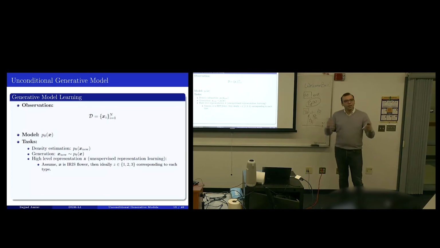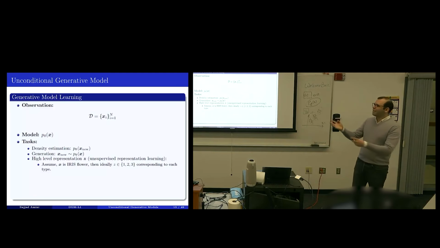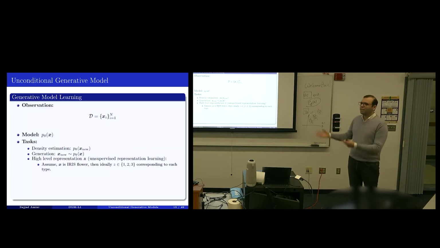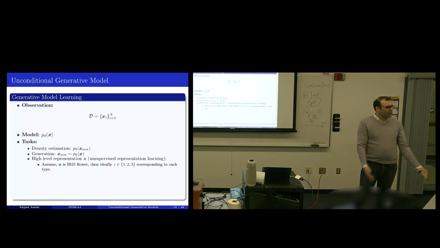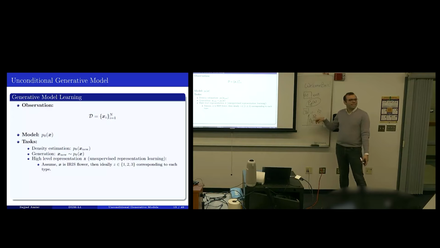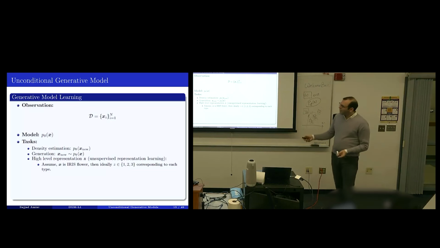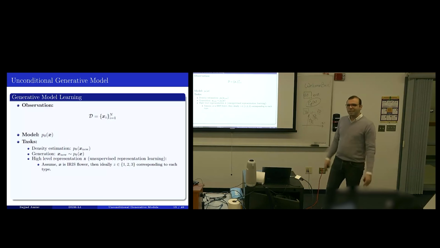It is very high, because in many cases, just the type of the flower is important for you, not, for example, where this flower image was captured. Just, this is setosa, this is versicolor. Okay? So this two dimension is much more important than 32 by 32. You capture just the needed information. So this high-level representation is of very high importance, and you will see that it can help you in different tasks.